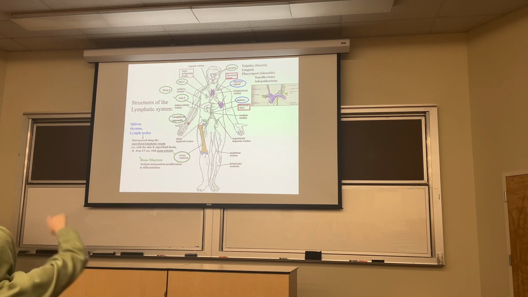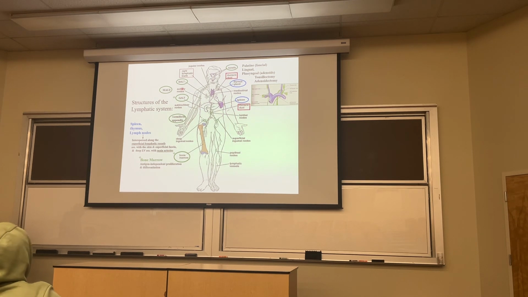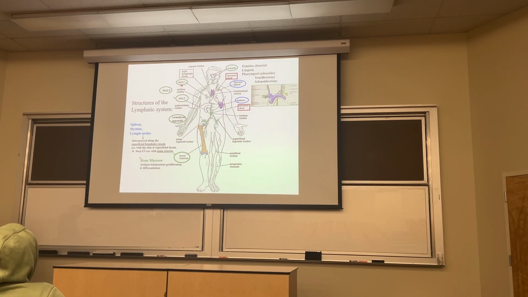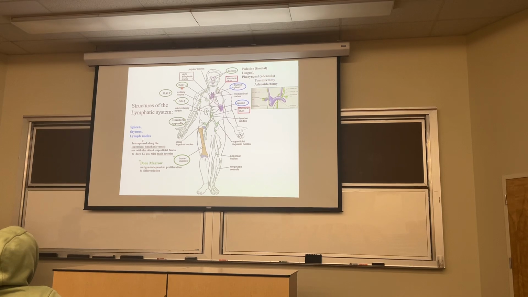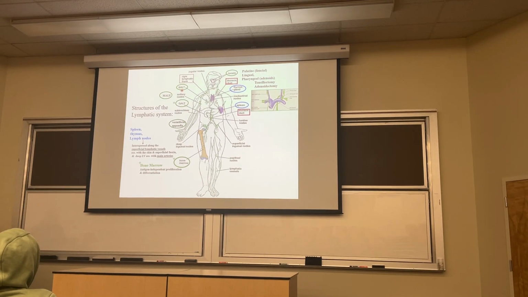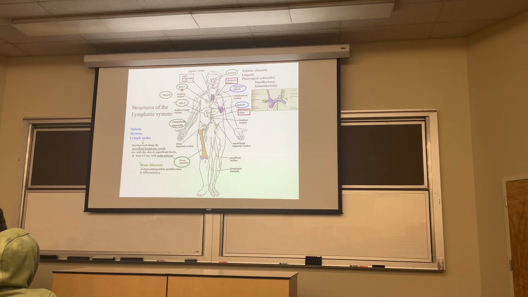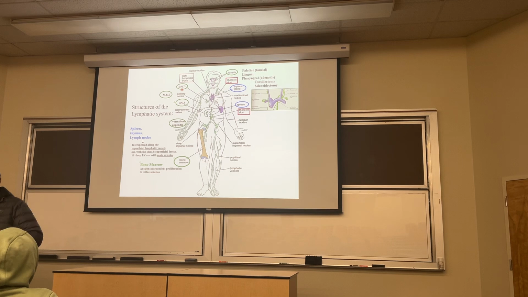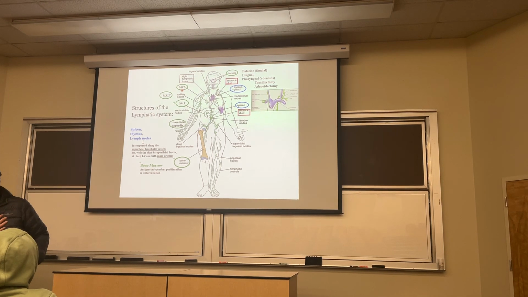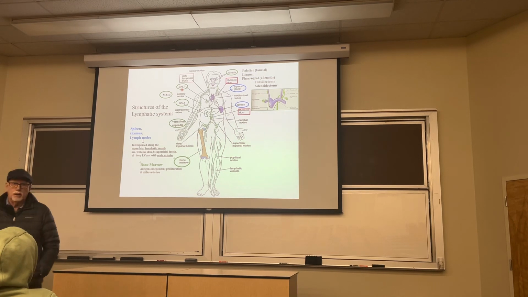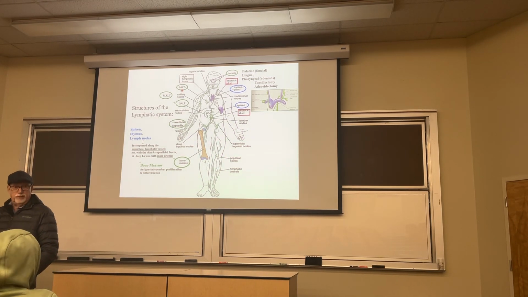What does the BALT do? So that is a lining of diffuse lymphoid tissue cells and lymph nodules, which help prevent the pathogens, let's say bacteria, from gaining access from our respiratory tract. So it's bronchial-associated lymphoid tissue.